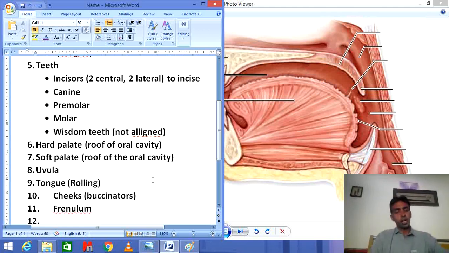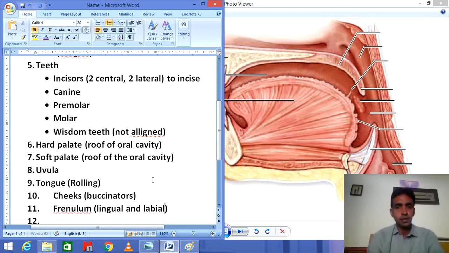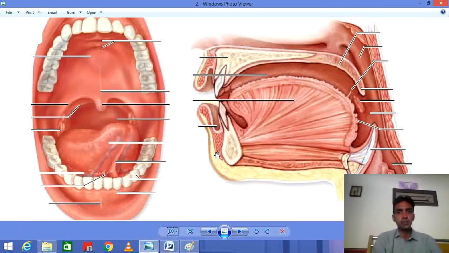Frenulum are of two types: lingual frenulum and labial frenulum. The labial frenulum represents the frenulum of the lips, and the lingual frenulum represents the frenulum of the tongue. This is the frenulum of the tongue.